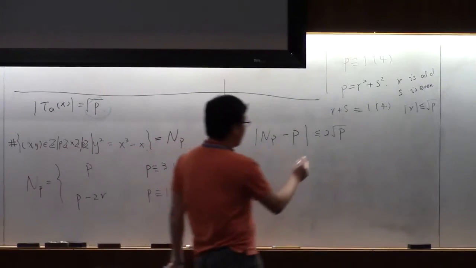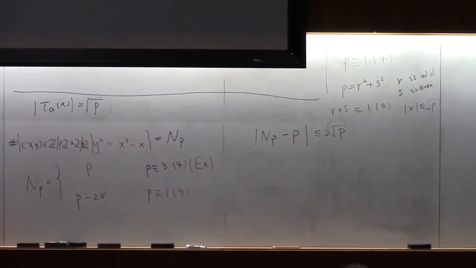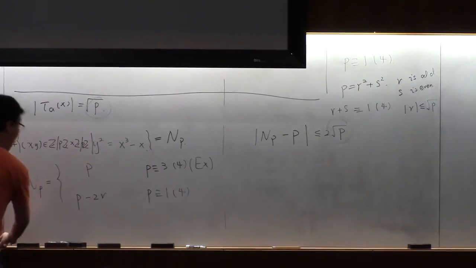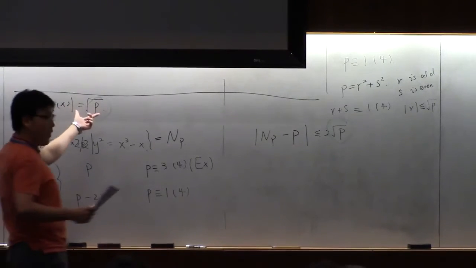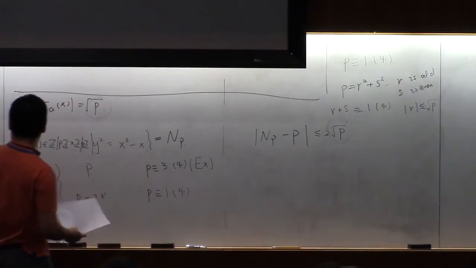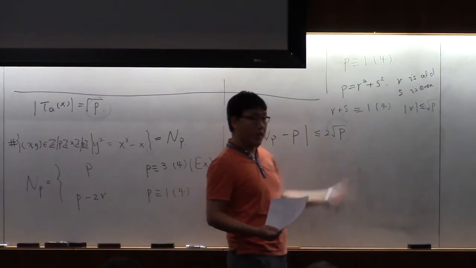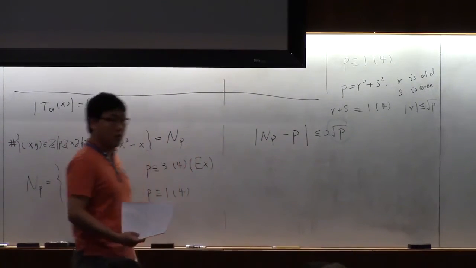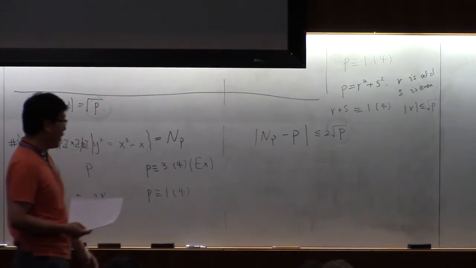Okay, so we have another square root p when we compute the number of solutions of the equation over a finite field. So the question is, here we have a square root p when we compute the value of the Gauss sum. Here we have a square root p when we estimate the number of solutions for this equation over the prime field Z mod pZ.